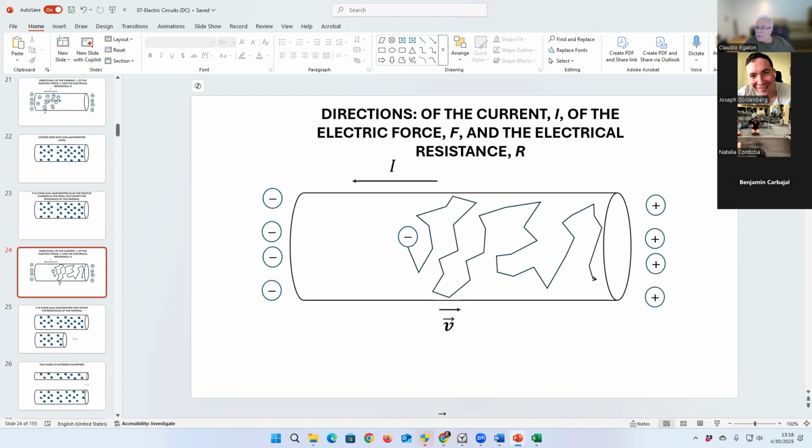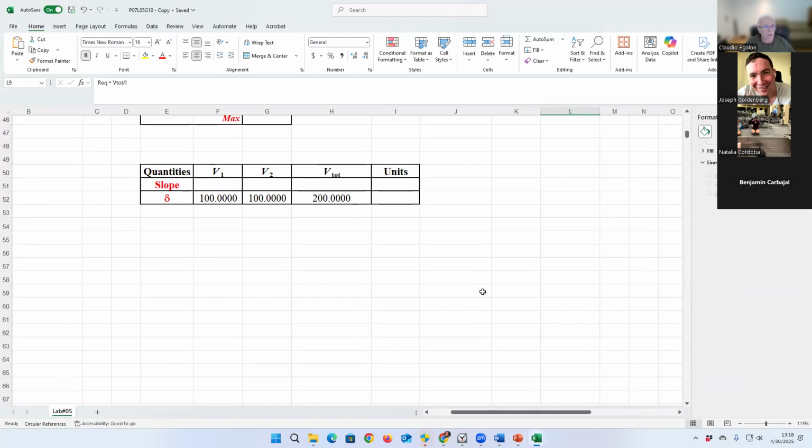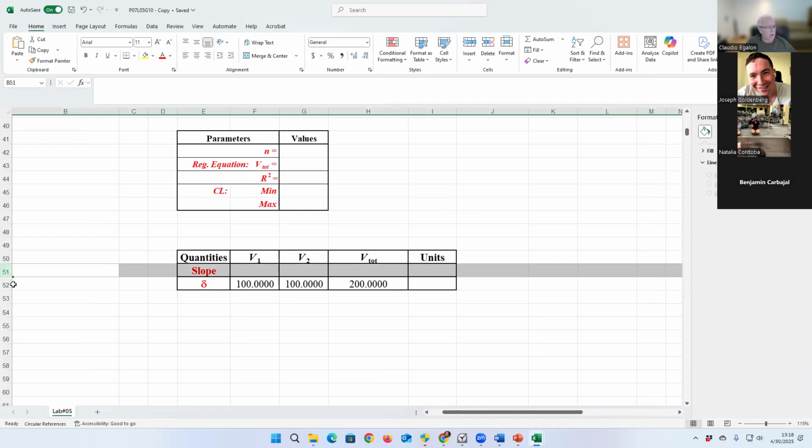Lab 2. Do we have to fill in units on the last table? Yes, that's right. Let me share the screen with you. Last table. You have to put the units here and here, cell I51 and cell I52: the unit of the slope and the unit of the delta.